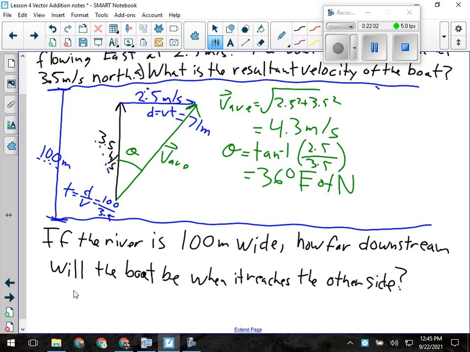So that's one type of boat question. That's a rowing across boat question. Now I'm going to make a going across boat question, which is slightly different.